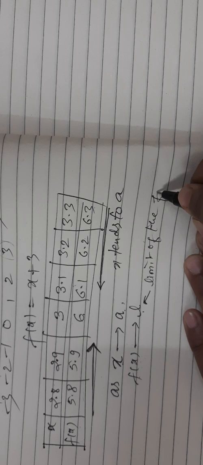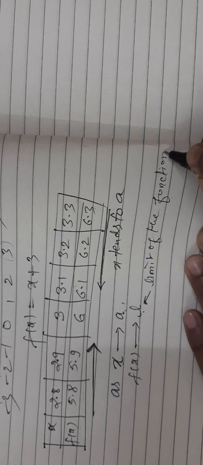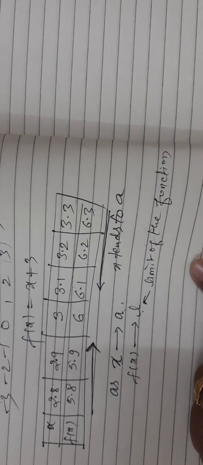So in general, as x tends to a, f of x tends to L. And what is this L? The limit of the function. Now why the name limit? Because this is the maximum value a function can achieve.